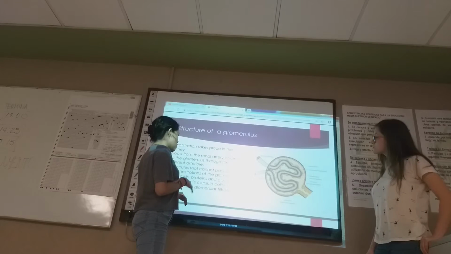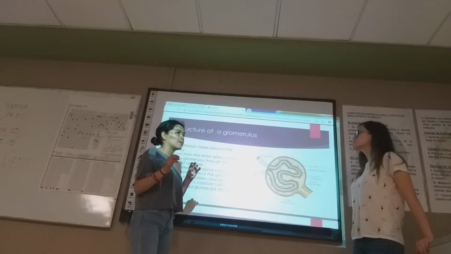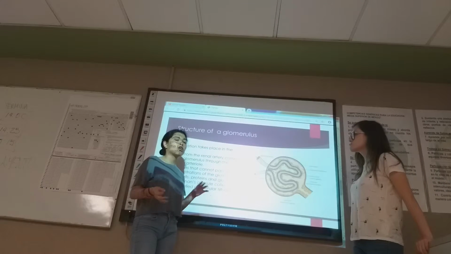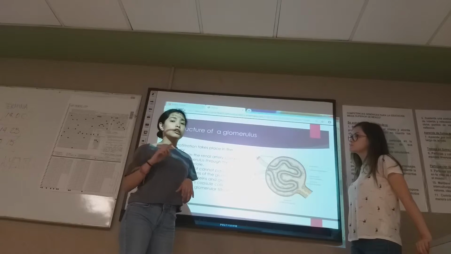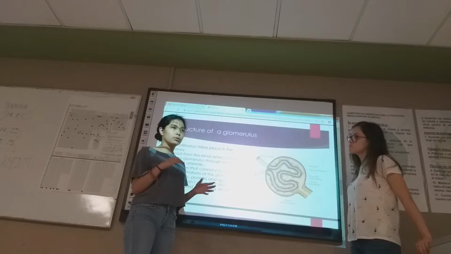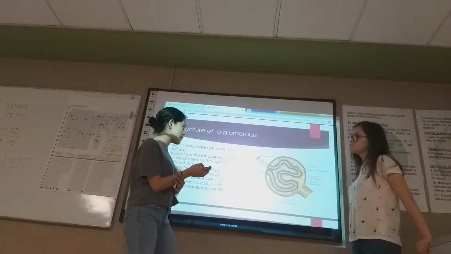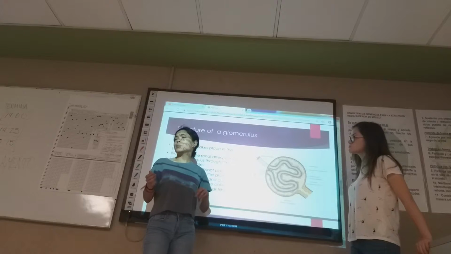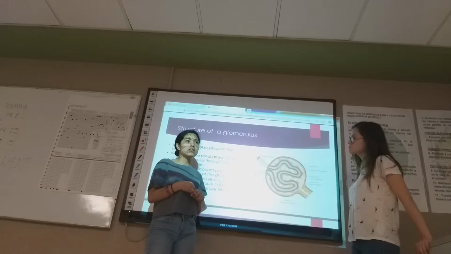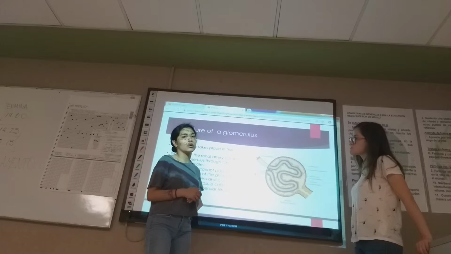These molecules are some glucose, water, urea, and some salt ions. But those that do not pass through to the Bowman's capsule and go back through the efferent arteriole are proteins, blood cells, and big molecules of glucose.